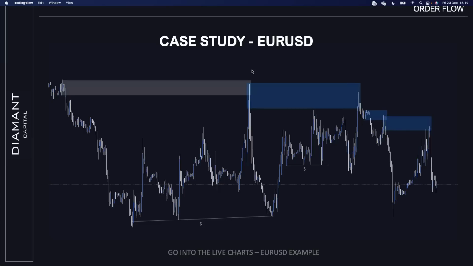Personally, with my strategy, it's not just entering on the order blocks, it's using something slightly different, and it has a much higher hit rate and it's a lot safer. When you're entering order blocks like this, you do have to be careful because you could get liquidated very, very easily.